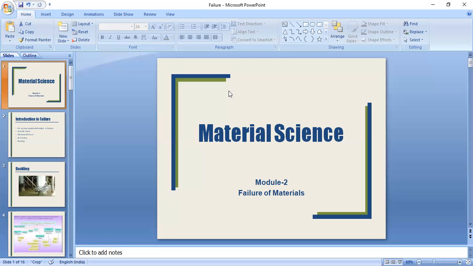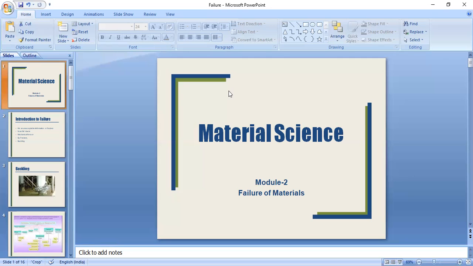So during this scenario, material will behave differently, and there is a chance of getting a fracture. That fracture, we are going to call it as a failure of the materials.